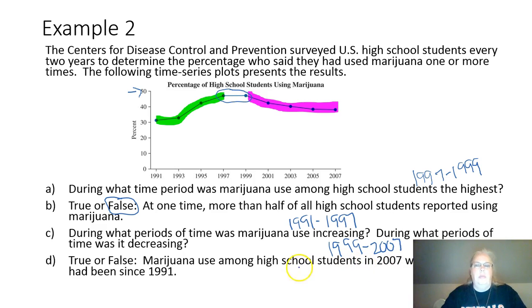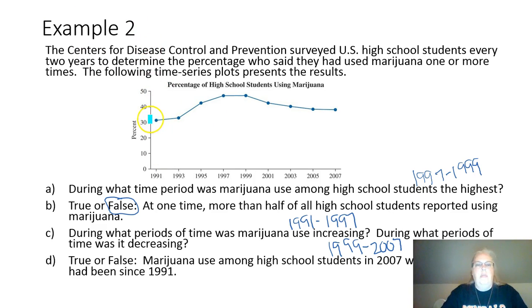Alright, and then the last one, D, true or false, marijuana use among high school students in 2007 was lower than it had been since 1991. Well, if it's lower, then that means that the right half of our graph is going to need to be lower than the left half of the graph. Let's see if that's the case.